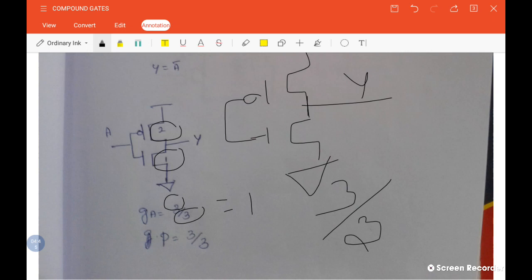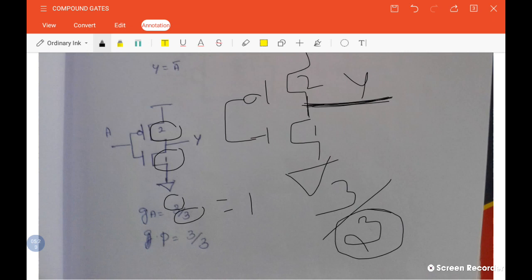And how do we calculate the parasitic delay? Parasitic delay is calculated from the diffusion capacitance. For an inverter circuit, it is the output diffusion capacitance, C out, divided by the standard input capacitance of an inverter, 3. For this inverter circuit, we have a size 2 PMOS and a size 1 NMOS.